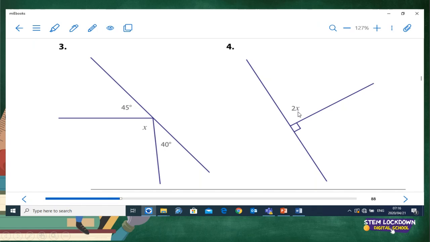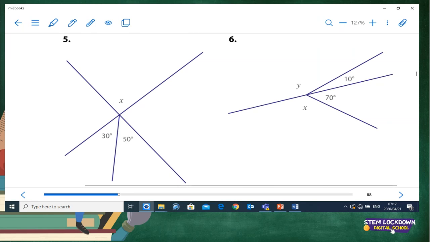So the value of x here will be 45 degrees, because 45 times 2 gives us 90 degrees.